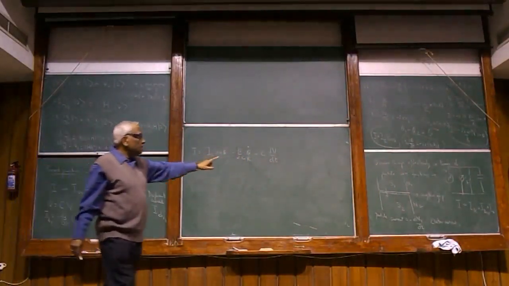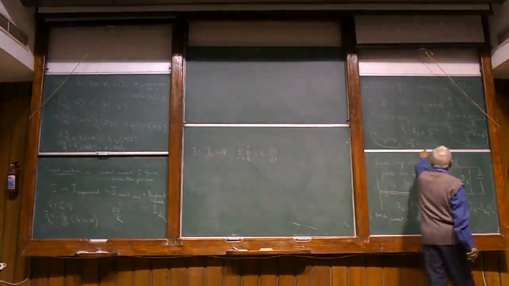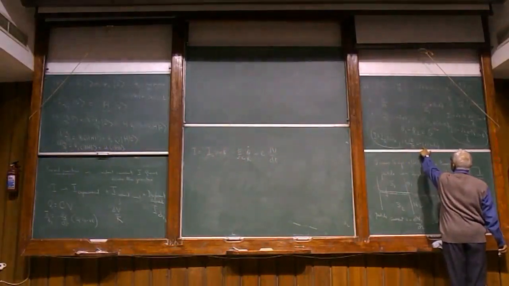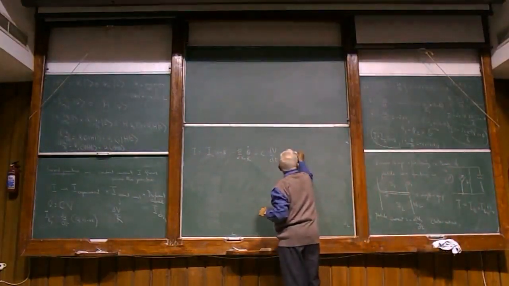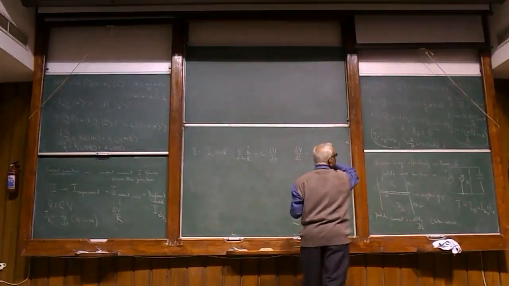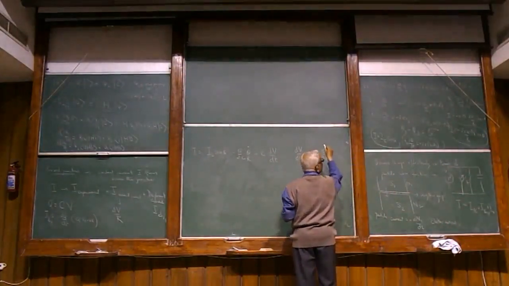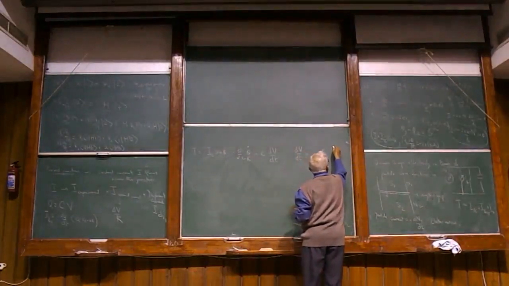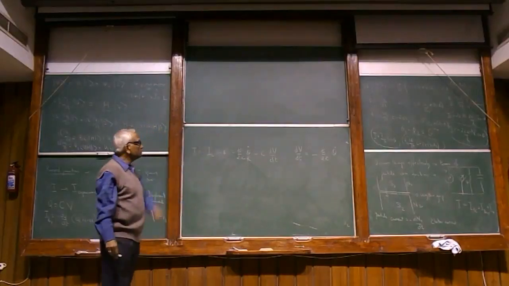So dV/dt, for the Josephson junction, is this one over here. So dV/dt is supposed to be minus h bar over 2e theta double dot. Yeah.